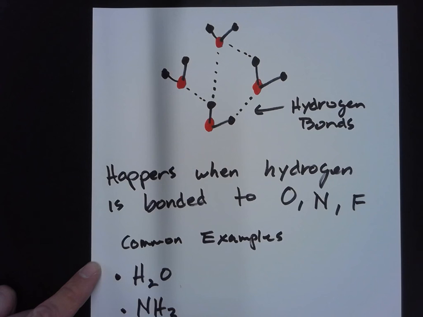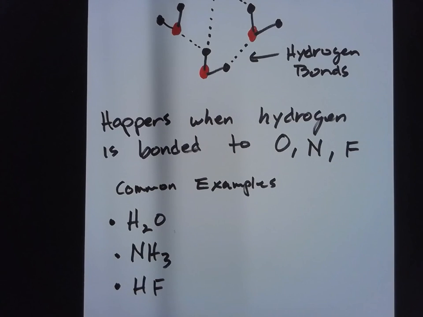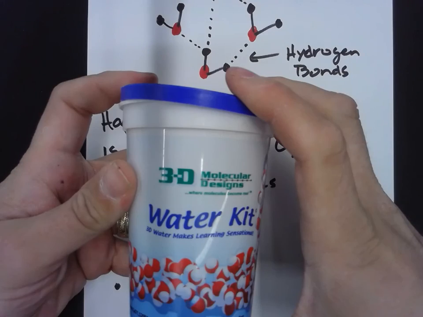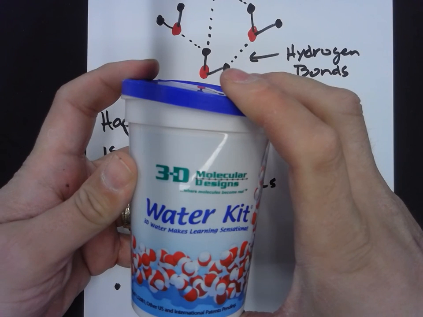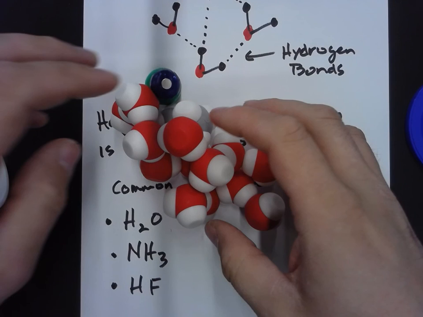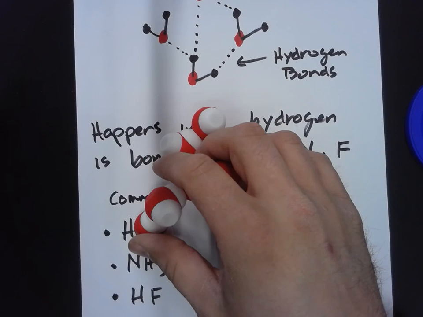hydrofluoric acid. Let's look at a real-life model here. This is a water kit, a 3D Molecular Designs water kit. Here's how this works. These things work like little magnets. Here are these water molecules, and you can see these interactions.